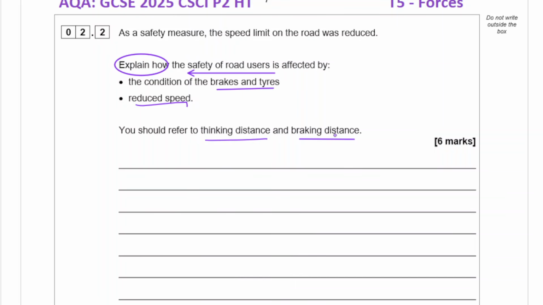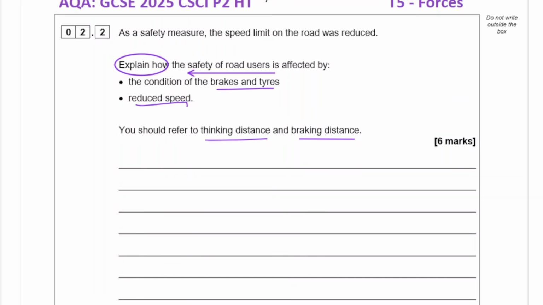Now let's discuss what these things actually mean. What is the thinking distance? That's the distance covered by the car while the driver is thinking about applying the brakes. What affects the thinking distance?